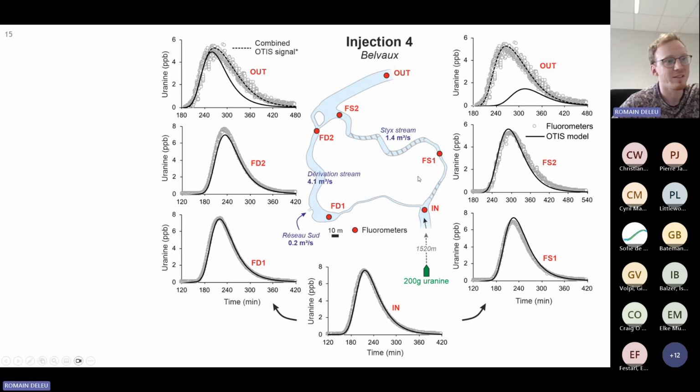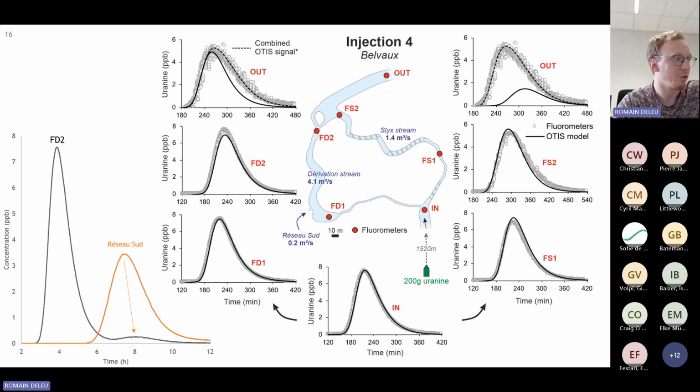So if we inject further upstream, we don't have a double peak compared to if we inject closer. We also have a small signal coming from the Réseau Sud, the small stream of 0.2 cubic meters per second. But as it is a small impact, we do not really study this.